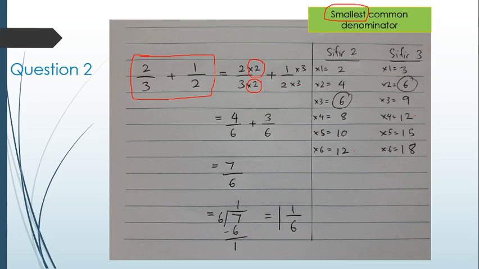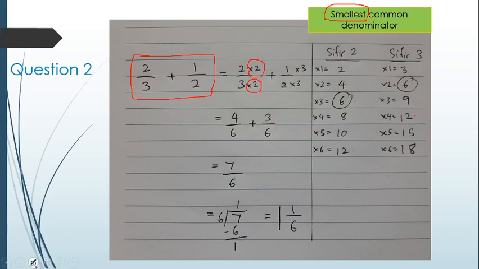When the denominator times 3, the numerator also you have to make it times 3. So you will have 4 over 6, because 2 times 2 is 4, 3 times 2 is 6, and then 1 times 3 is 3, 2 times 3 is 6.